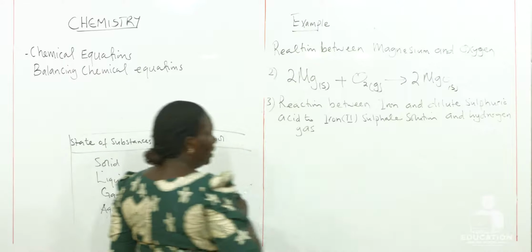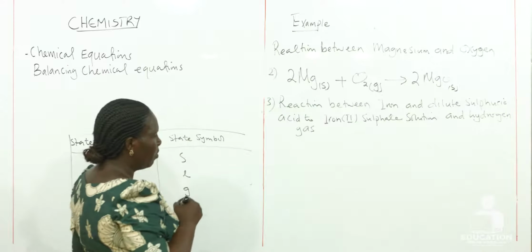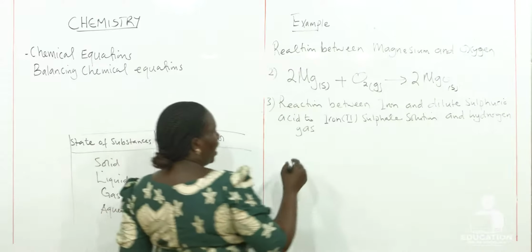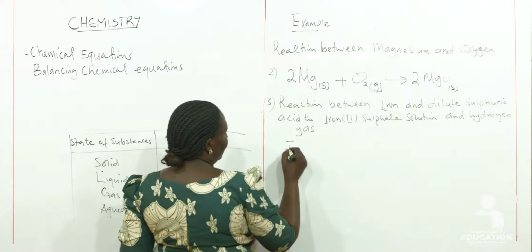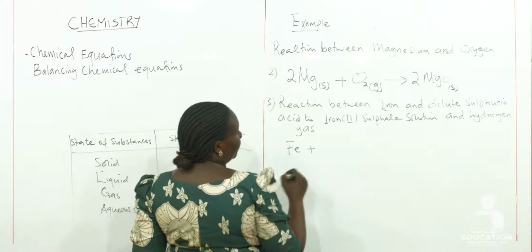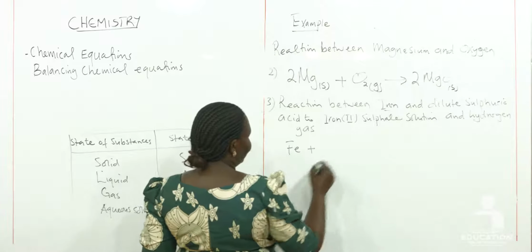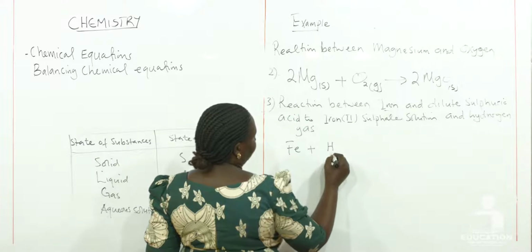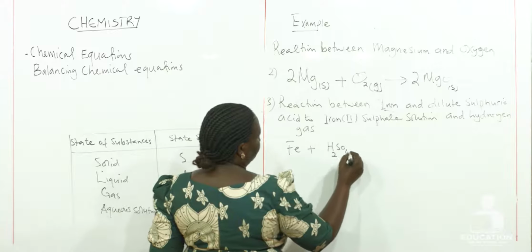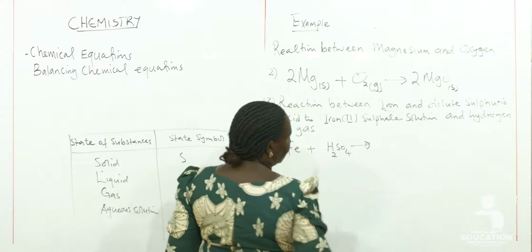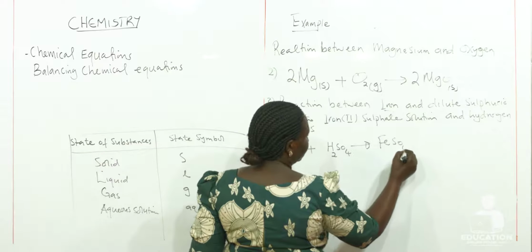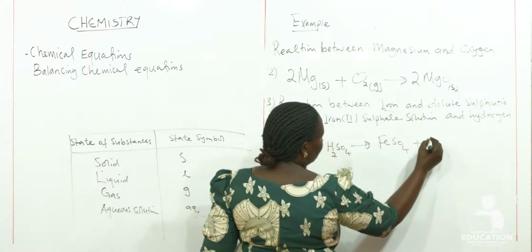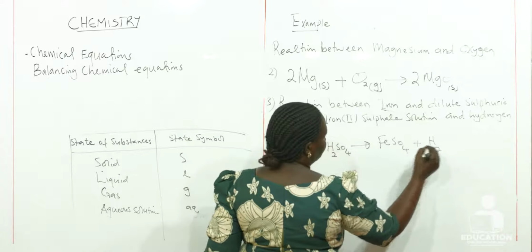So if we put this in form of chemical equation, we have reaction between iron, that is Fe, plus dilute sulfuric acid, giving us iron 2 sulfate plus hydrogen gas.